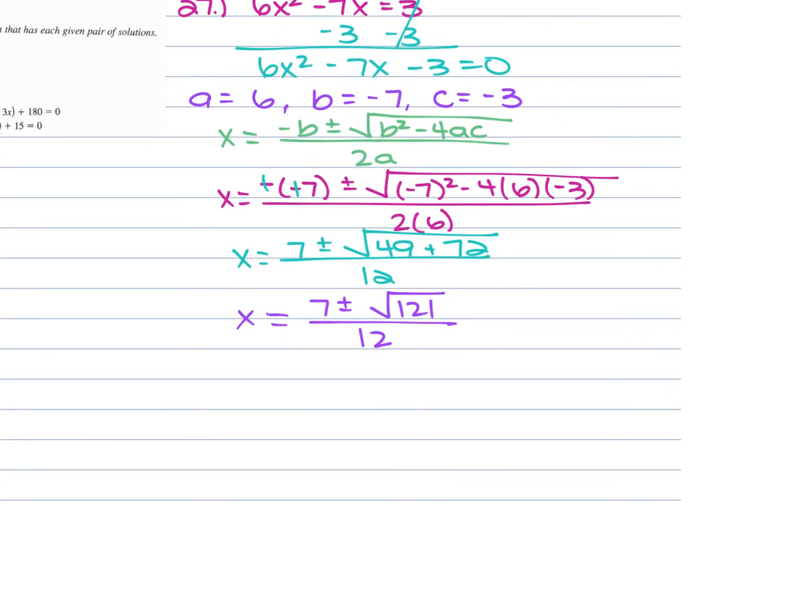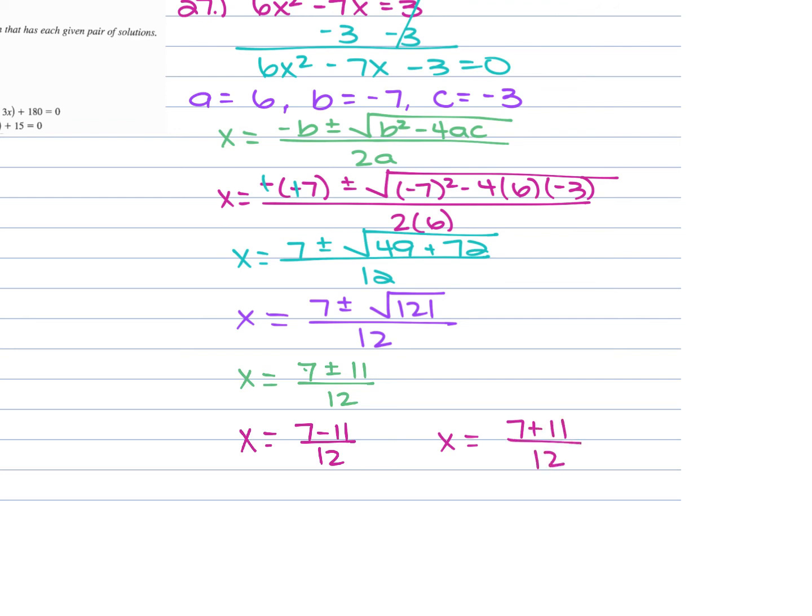The square root of 121 is 11, so that's x is equal to 7 plus or minus 11 all over 12. Because that radical simplified, we are separating this and solving both fractions. So we're going to have x is equal to 7 minus 11 over 12, and x is equal to 7 plus 11 over 12.